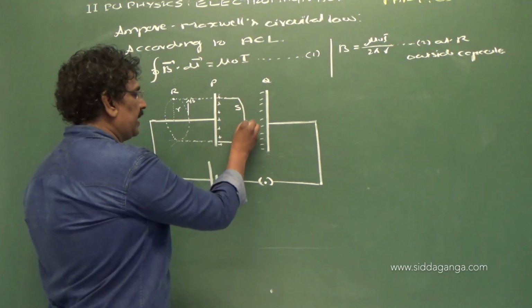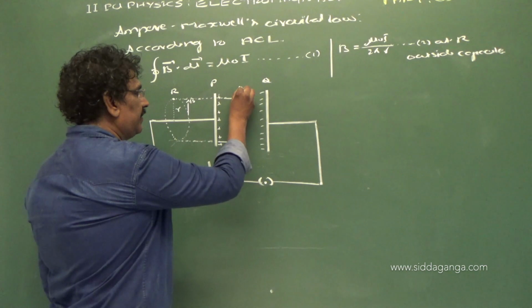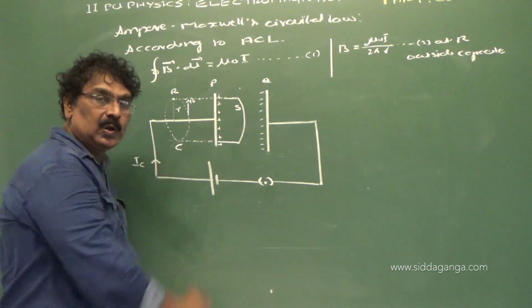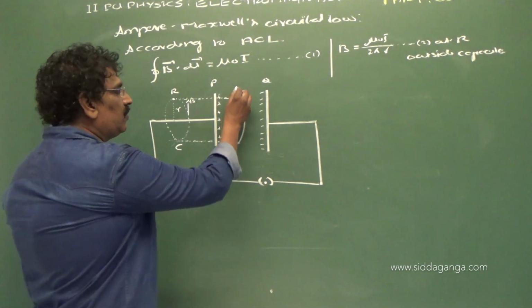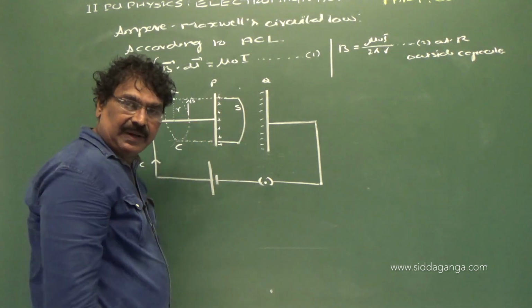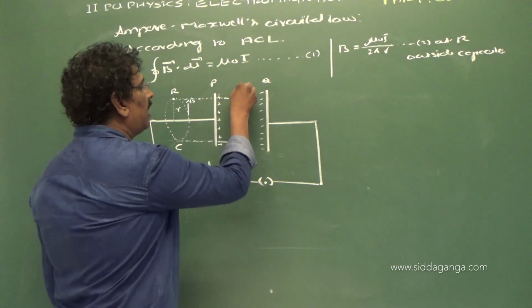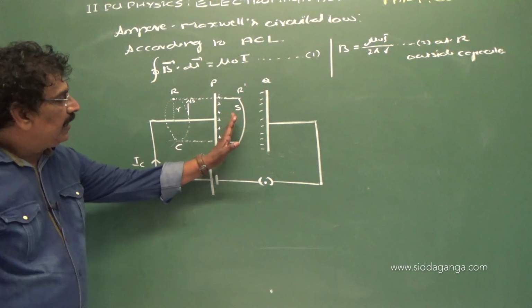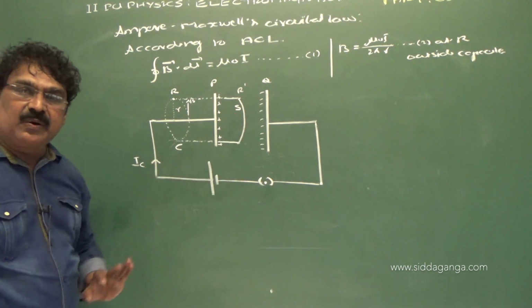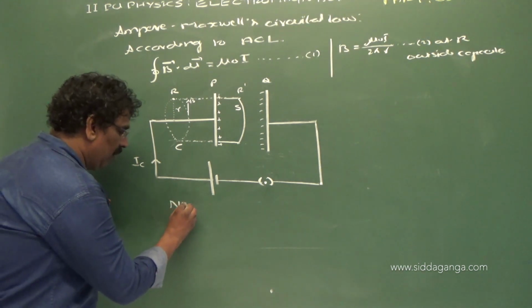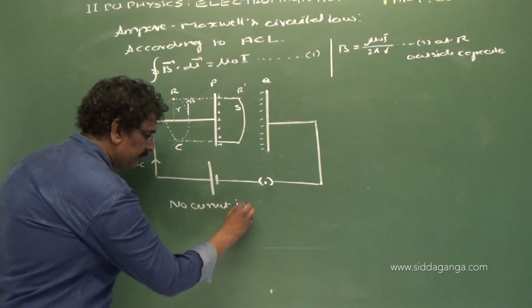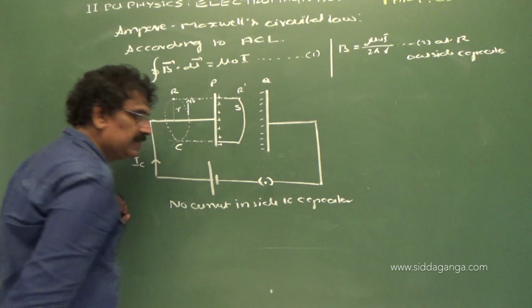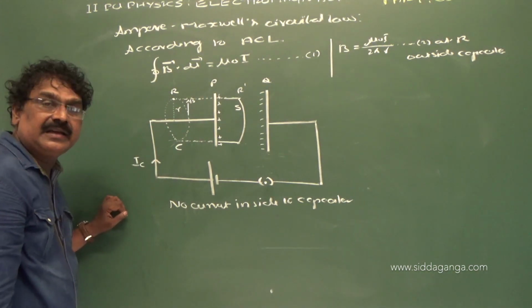Now let us find the field at a point R dash here. This is a loop C. To find the magnetic field inside, say at the point R dash, according to Ampere Circuital law, there is no current inside the capacitor, that means no conduction current inside the capacitor.